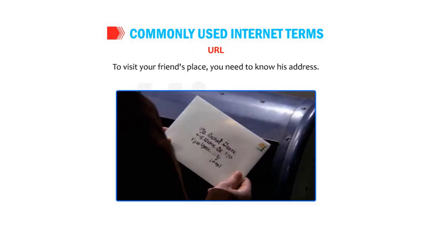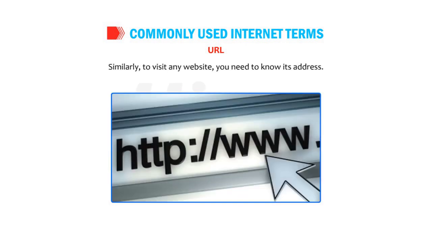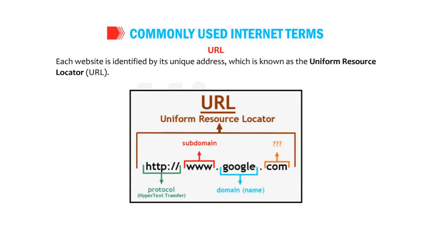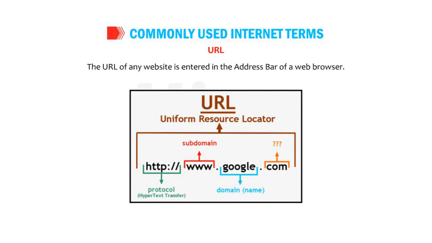Now, let's understand what is URL. To visit your friend's place, you need to know his address. Similarly, to visit any website, you need to know its address. Each website is identified by its unique address, which is known as Uniform Resource Locator, URL.